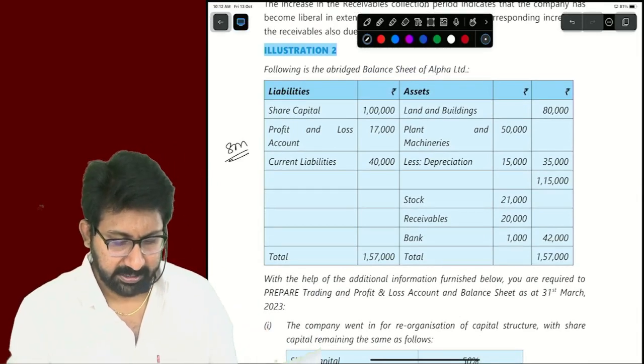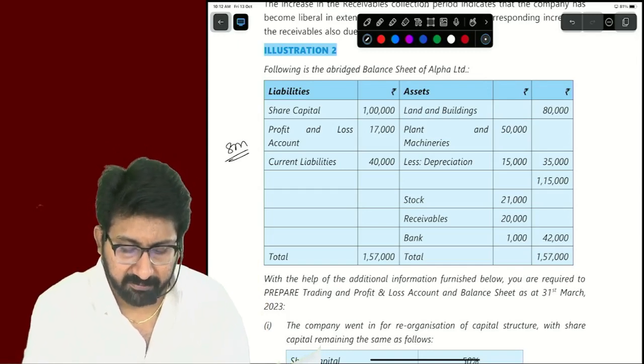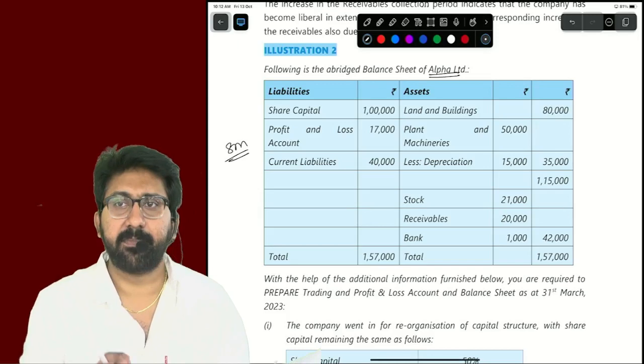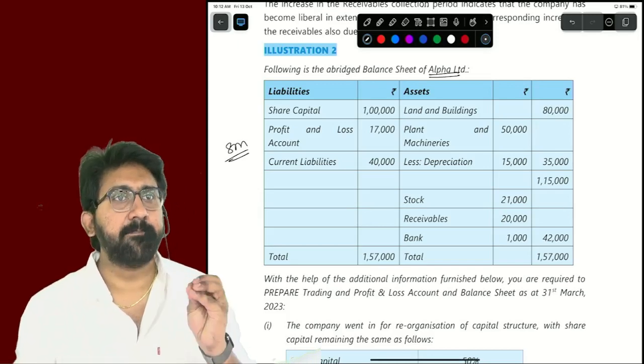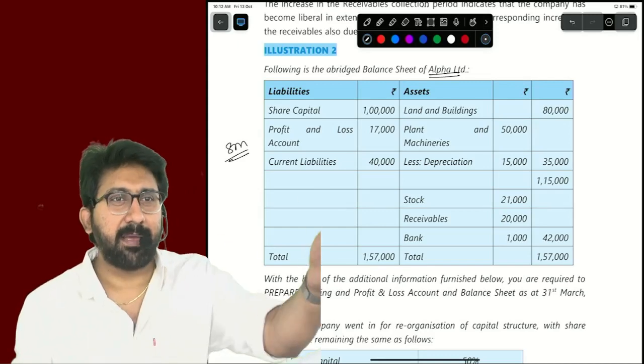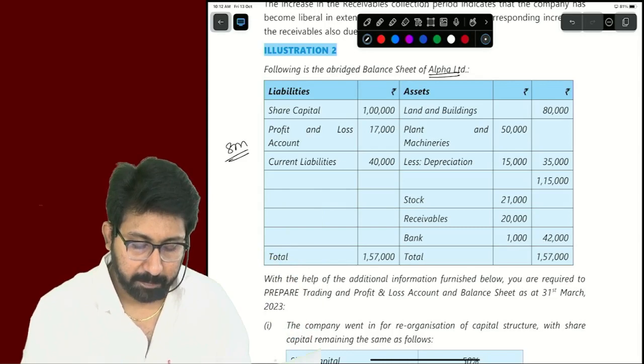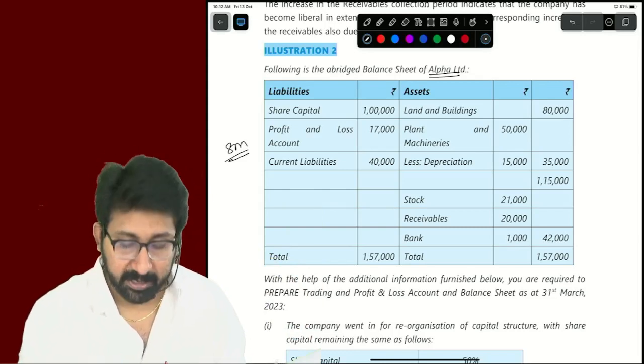Following is the abridged balance sheet of Alpha Limited. Abridged balance sheet means balance sheet in a simplified format. That's why they are not following Schedule 3. They have given a normal T-shaped balance sheet: share capital, P&L account, current liabilities.